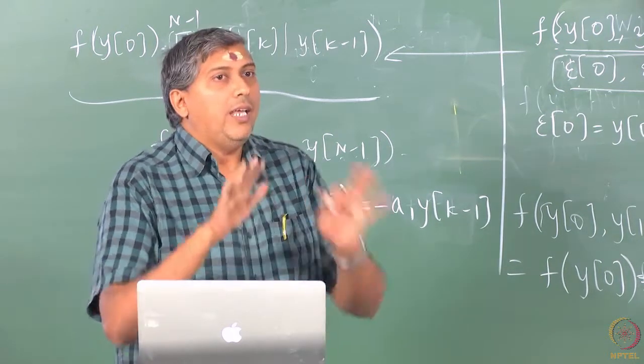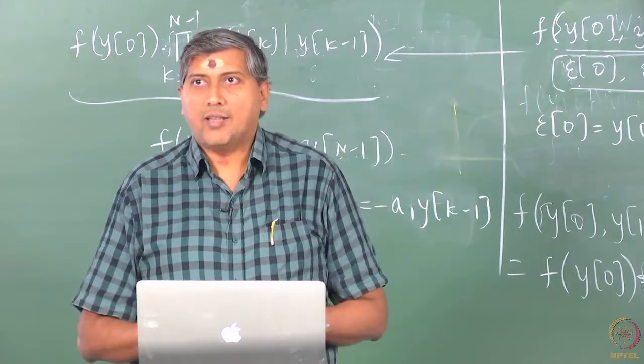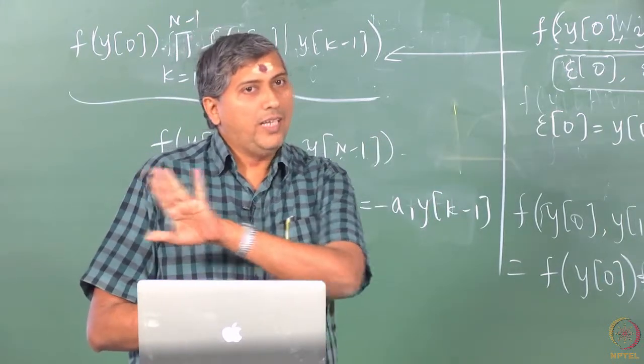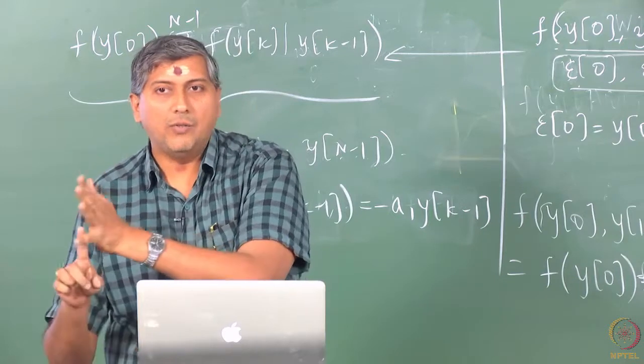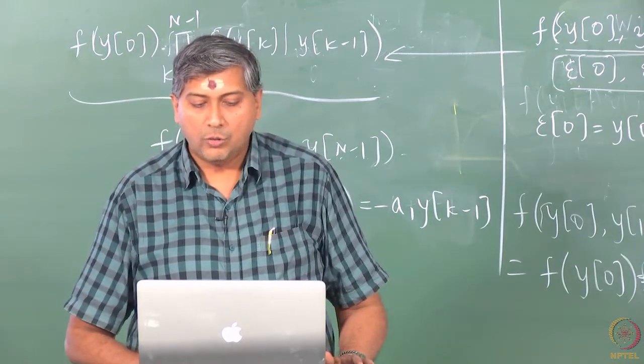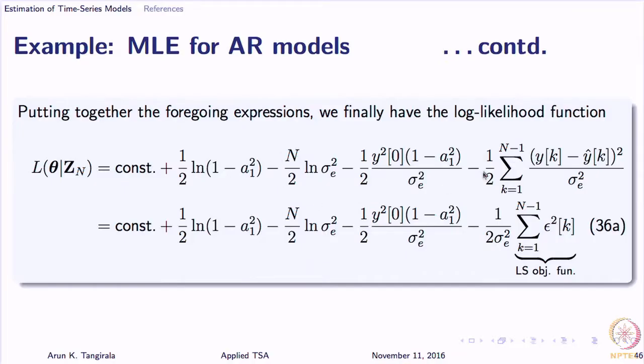So, therefore, in a full MLE you can start with LS, where you ignore these three terms. If you ignore them, it is LS. If you were to take into account only this part and ignore all of the rest, that is called the conditional least squares objective function.